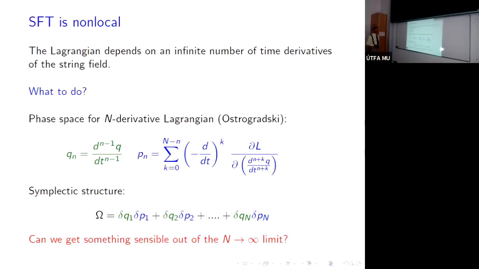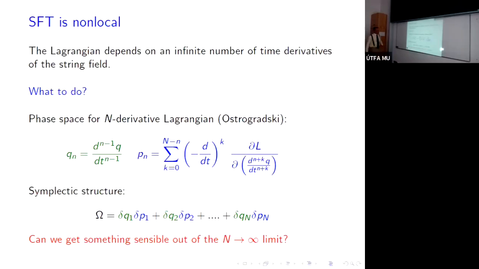What you do is, for an N-derivative Lagrangian, you have capital N coordinates and capital N momenta given by these formulae. The coordinates are given by some derivatives of the position variable, and the momenta by this complicated combination of derivatives of the Lagrangian.